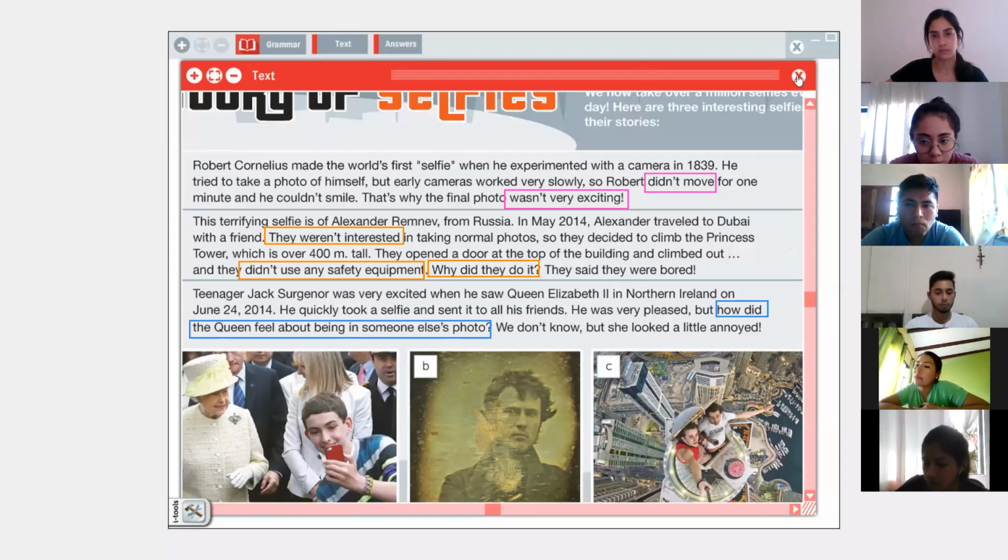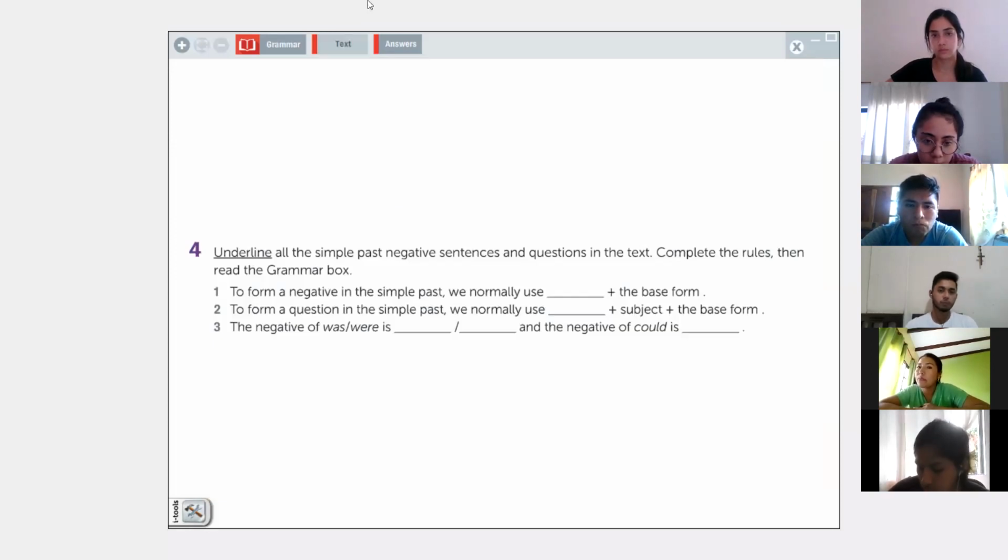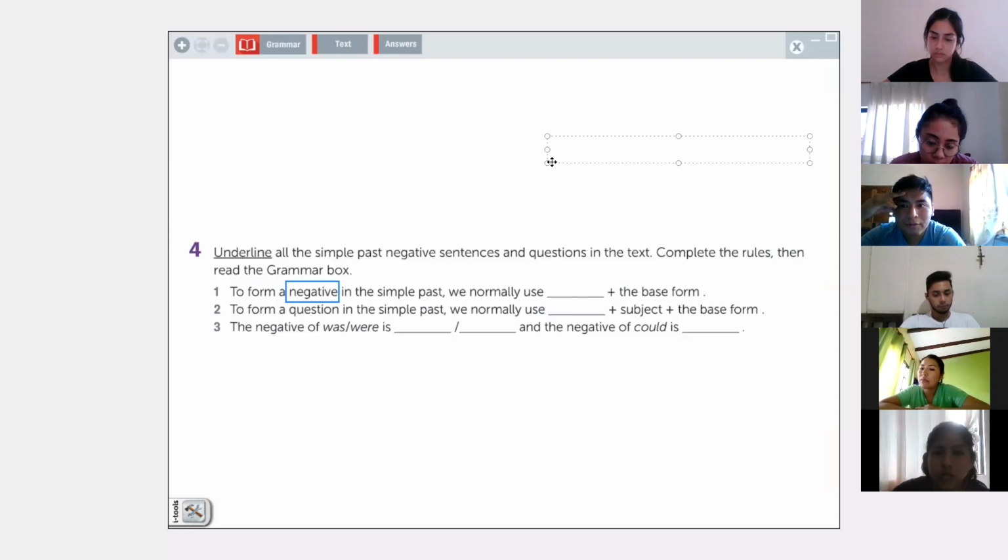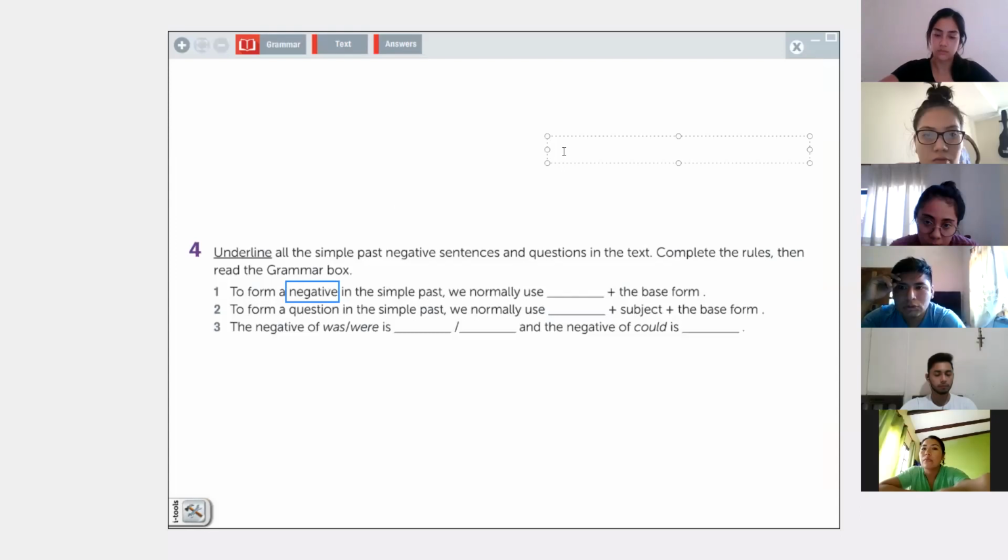Okay, see here. Number 1, to form negative sentences in the simple past, we normally use, what do we use? To form negative sentences in the simple past. Didn't. Didn't, right? Very good.